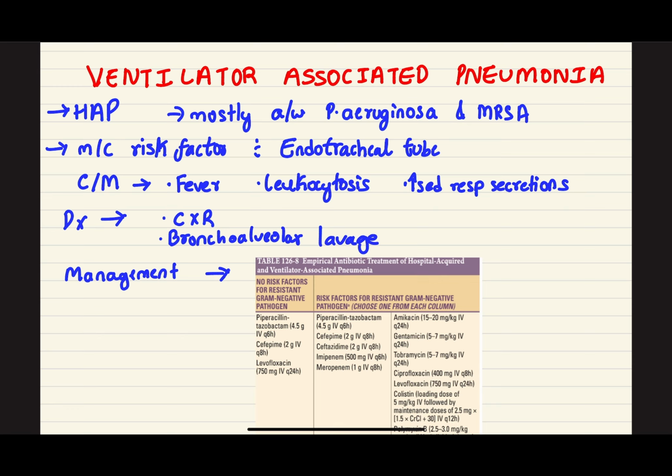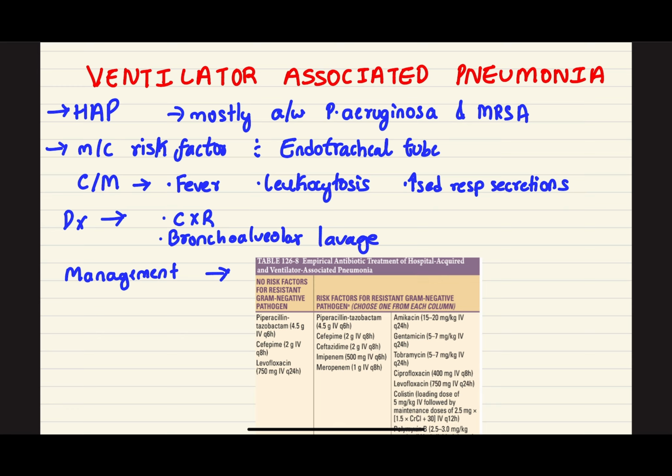Additional risk factors are prolonged mechanical ventilation, which should be greater than 48 hours maximum, and advanced age, coma, immunosuppression, chronic lung disease. And hospital factors like ICU workload and prior antibiotic use, which promotes antibiotic resistance.